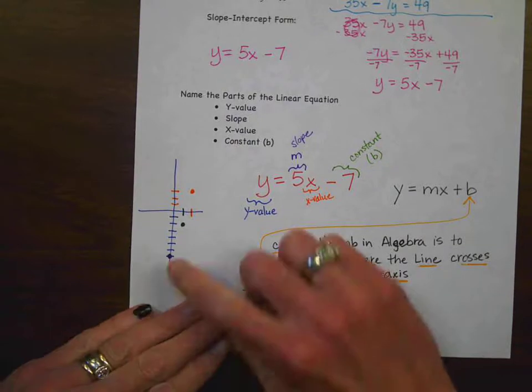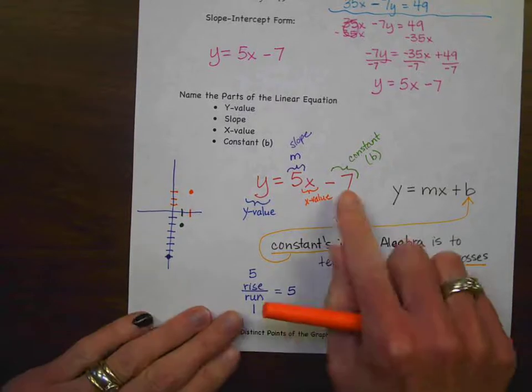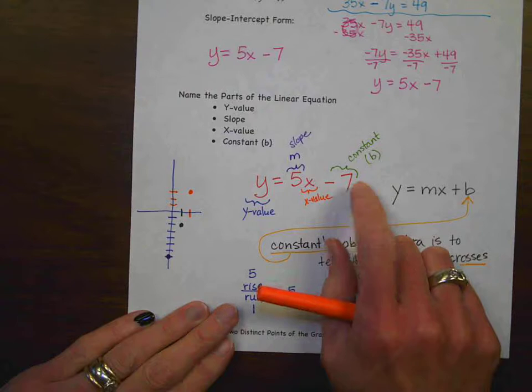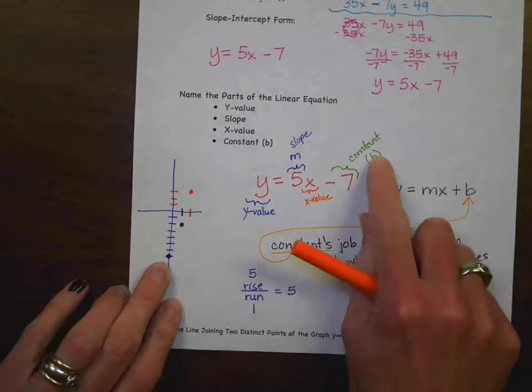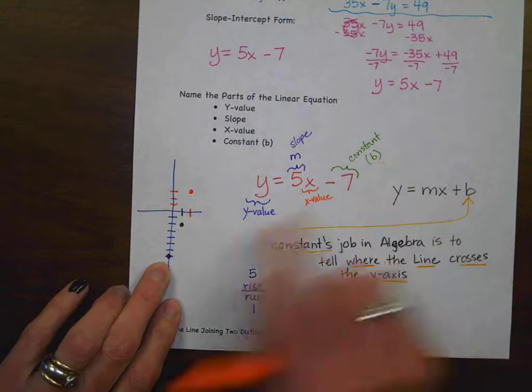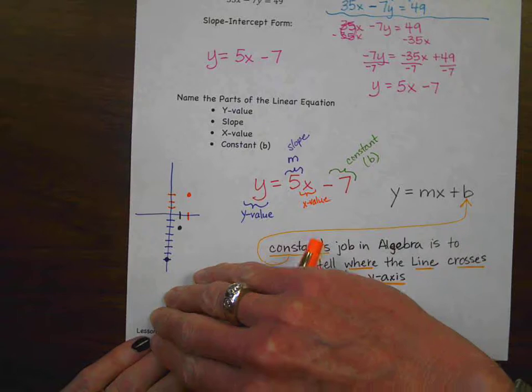And you've already learned from me multiple times that you only have to have 2 points to make a straight line. 2 points, that's all you have to find. So if we're given where the line crosses the y-axis, which you are given when you identify the b, and then you have your slope, there are your points.